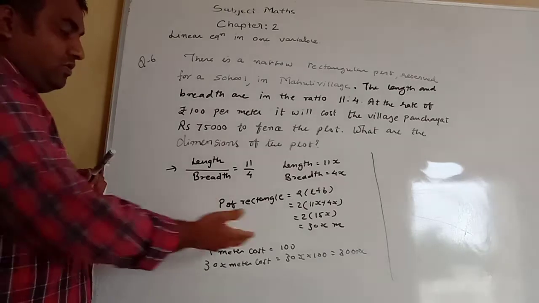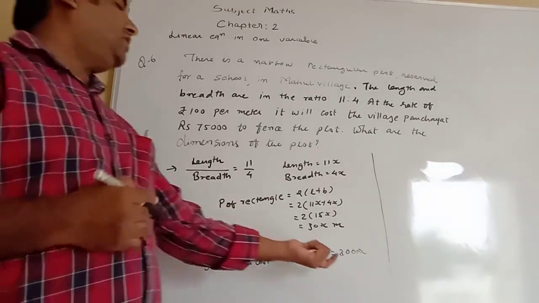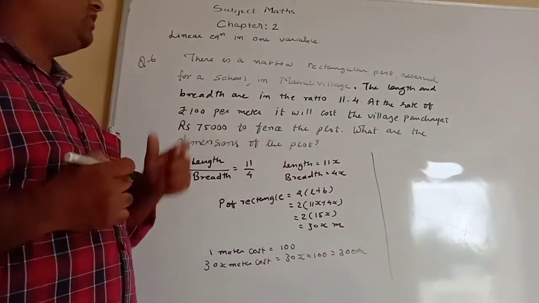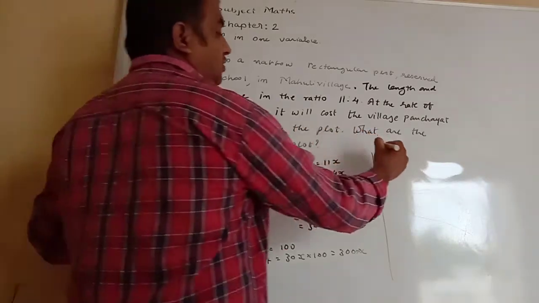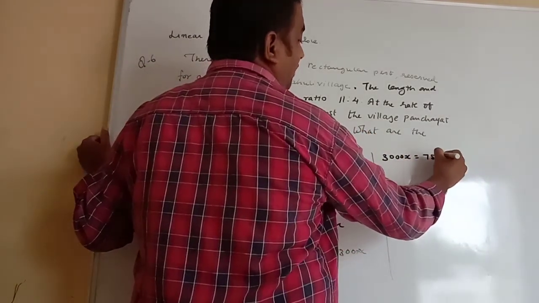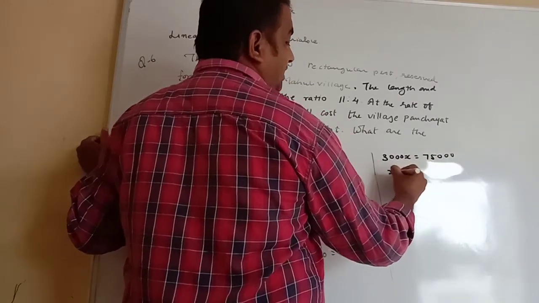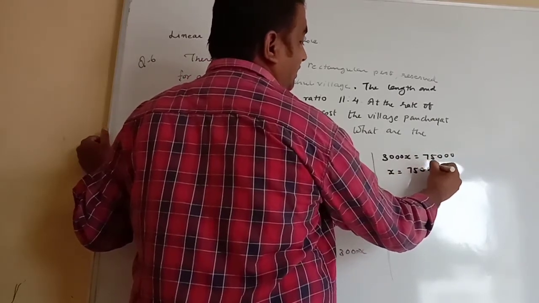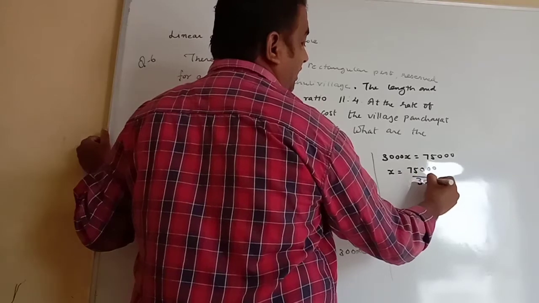This is the total cost, and the total cost is given as 75,000, so 3000x equals 75,000. So x is equal to 75,000 divided by 3000.